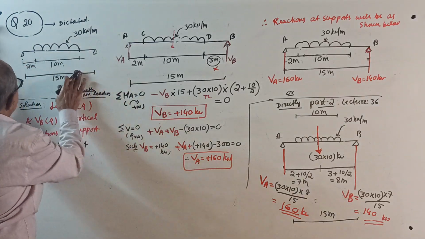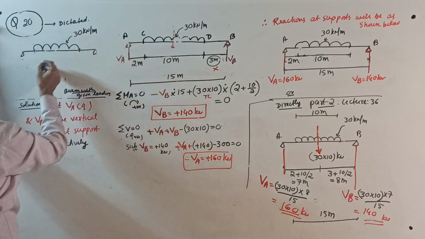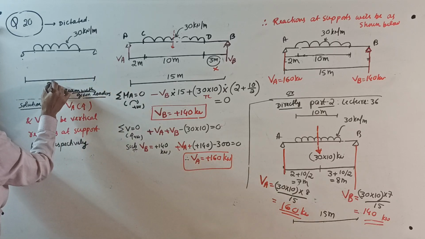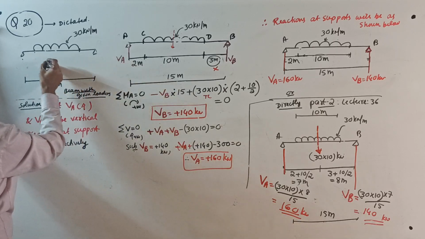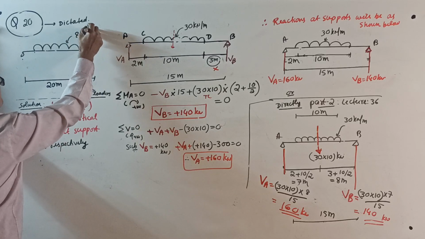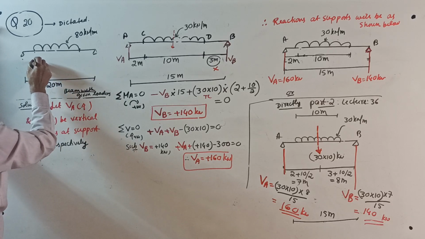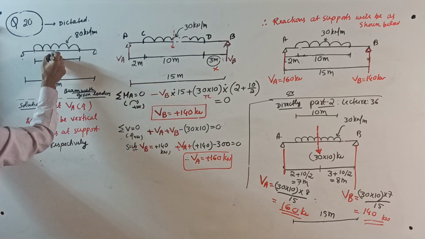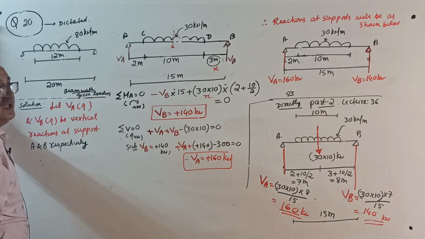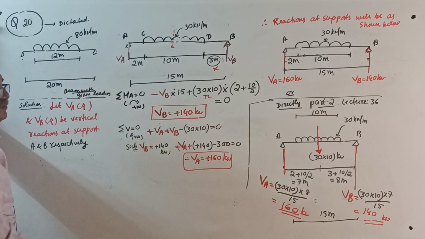A simply supported beam of span 20 meter is loaded by UDL of 80 kilonewton per meter, 12 meter long, symmetrically placed with respect to center. In the question it is given: symmetrically placed with respect to center.